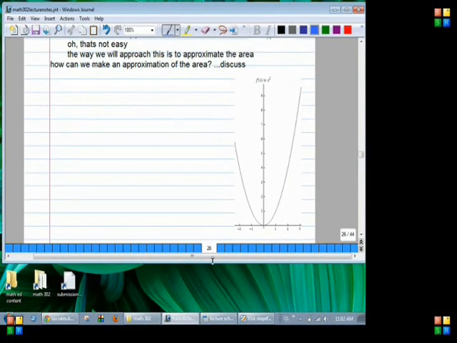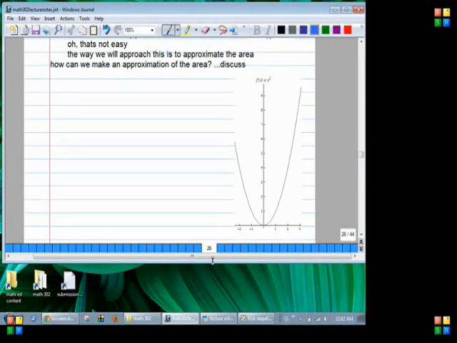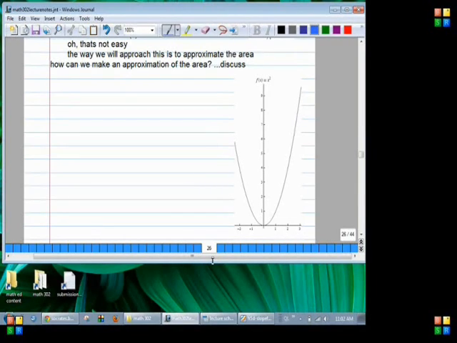Okay. So here's the graph, going from x equals 1 to x equals 3. Let's make rectangles. How are we going to make rectangles that approximate that area?